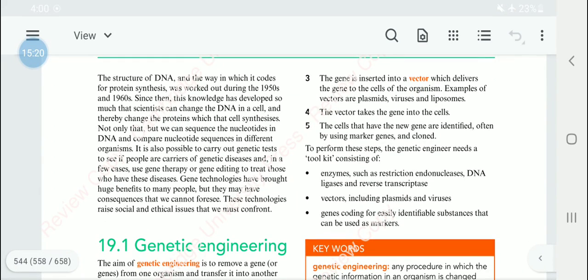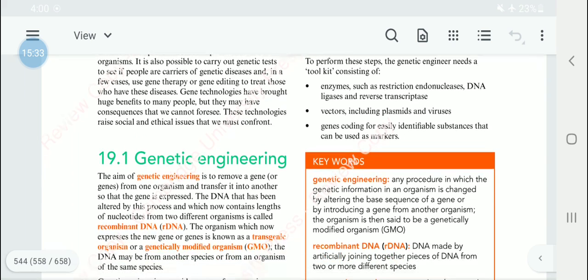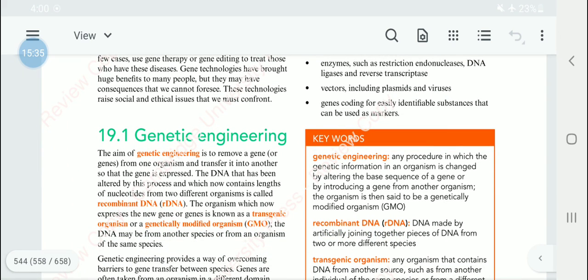Write down. There are many methods by which genes can be introduced to one species, to one organism from another.